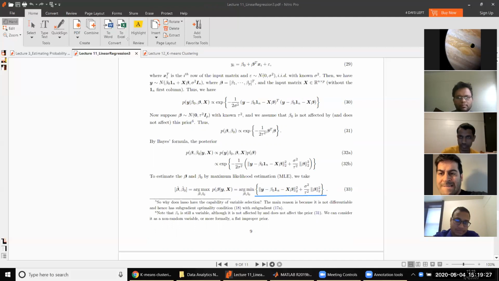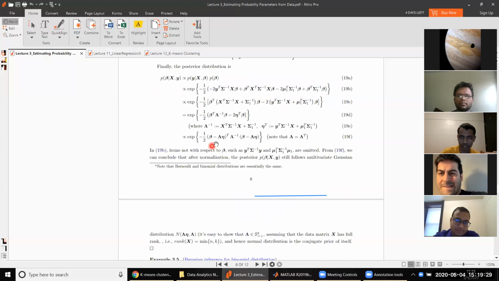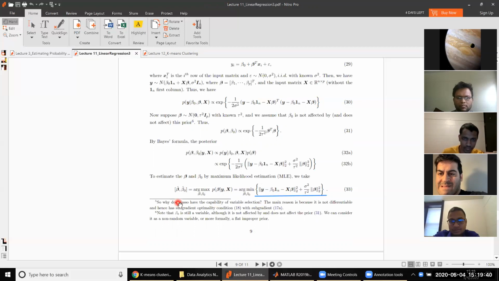And this lambda eta, from this general conclusion, you see what? This lambda eta happens to be the mean of this normal distribution, of the posterior distribution. And hence you can conclude that this beta hat and the beta 0 hat must also be the mean of this normal distribution. In other words, the solution of the ridge regression here is both the solution of the MLE, maximum likelihood estimation, and also the solution of Bayes estimation.